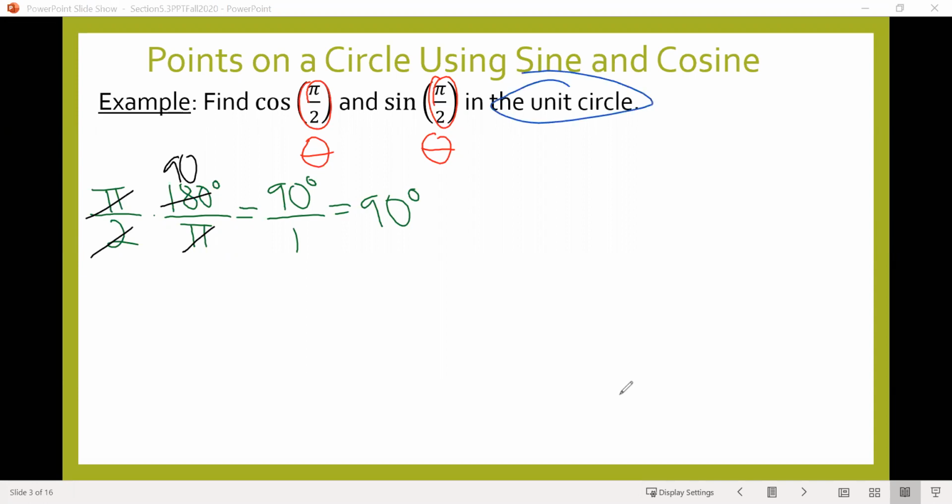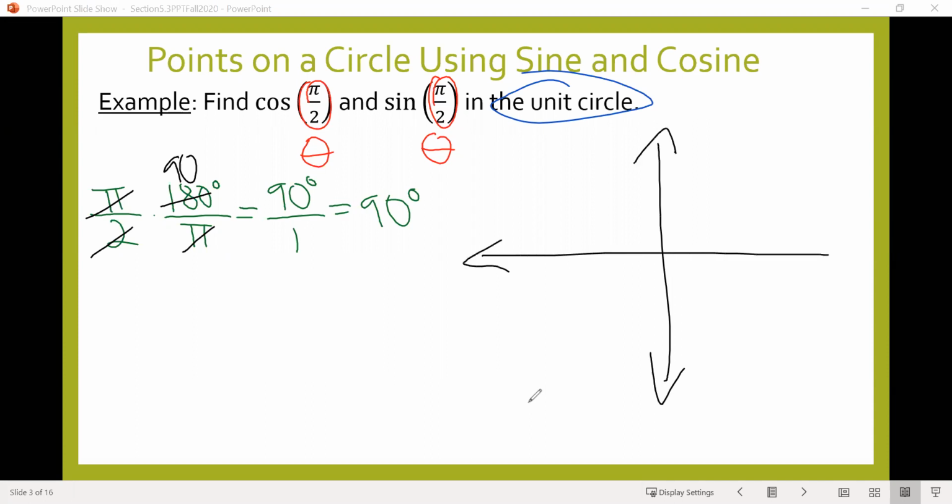So what is that? I'm again going to draw the picture we just had. Okay, so coordinate axes, we're going to have a circle centered at the origin. So the center here is the point 0, 0.